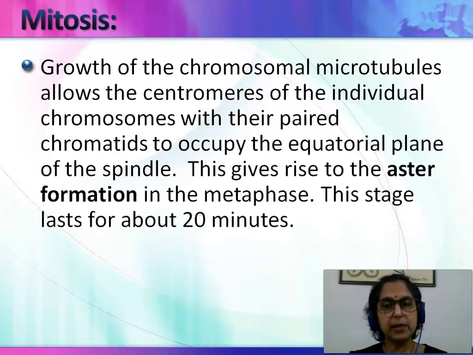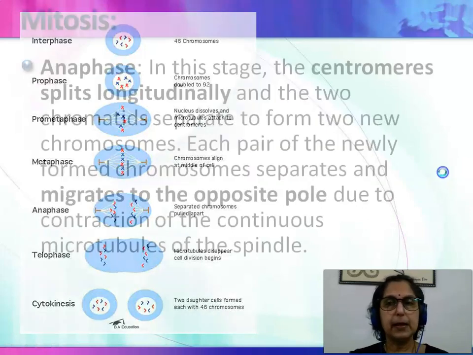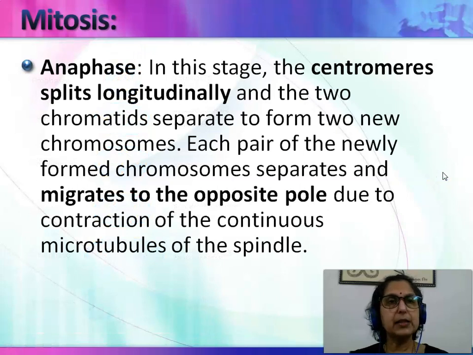What we see here is the metaphase, where all the chromosomes have aligned in the equatorial plane and the microtubules are attaching them to the centrioles. The next stage is the anaphase stage.